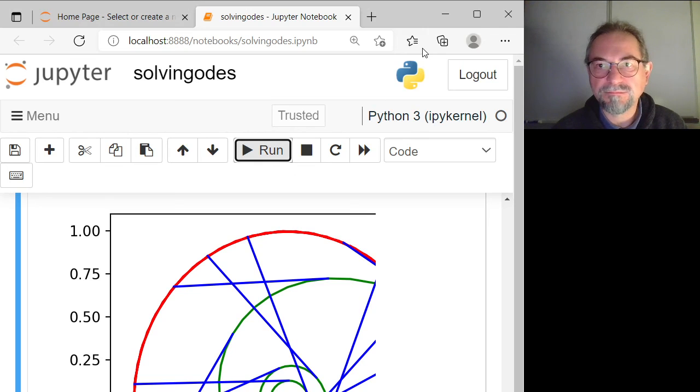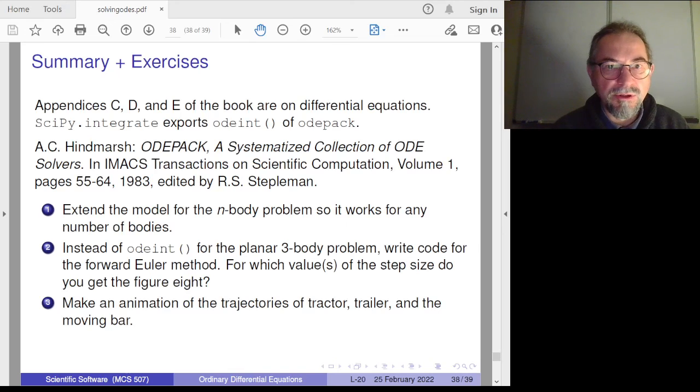Ordinary differential equations are important. In the second week of this course, I introduced NumPy, SymPy, SciPy, Matplotlib. With NumPy we have numerical linear algebra.